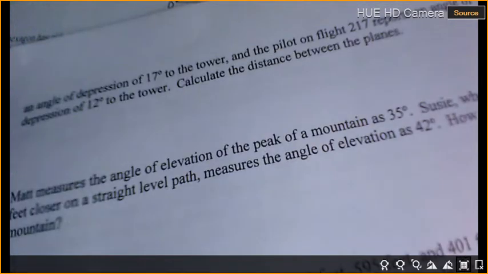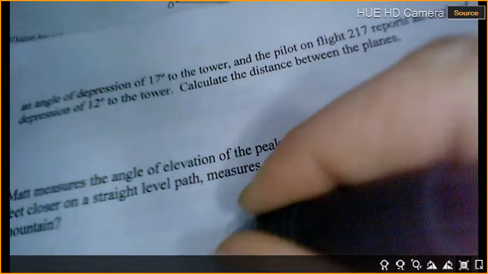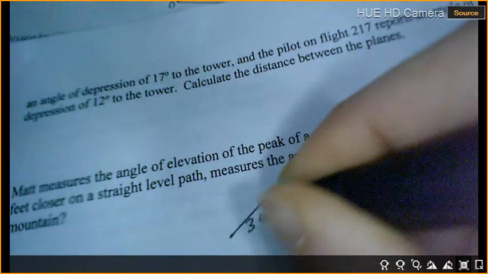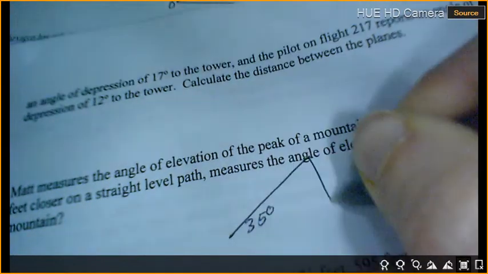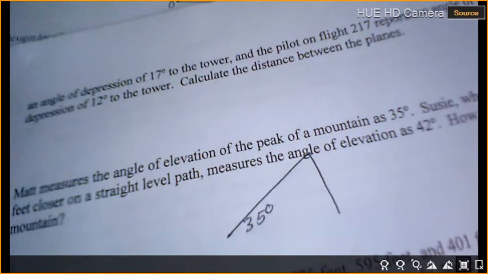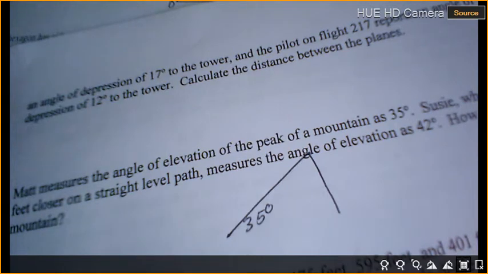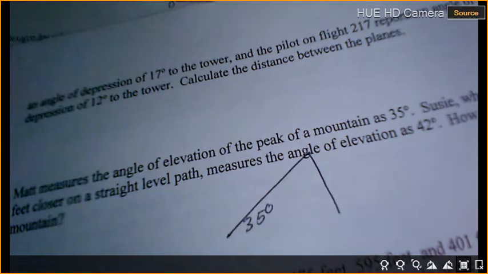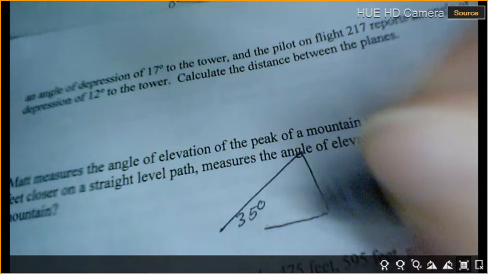Matt measures the angle of elevation to the peak of a mountain at 35 degrees. So right here, this is 35 degrees. Here's the peak of the mountain. Susie, who is 112 feet closer on a straight level path, measures it as 42. So here's Susie.